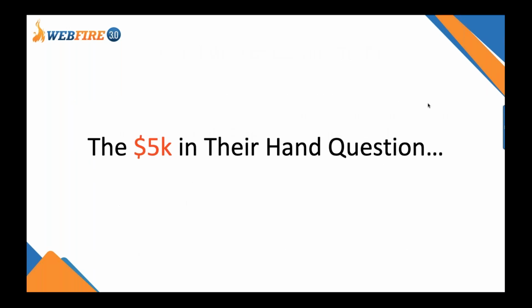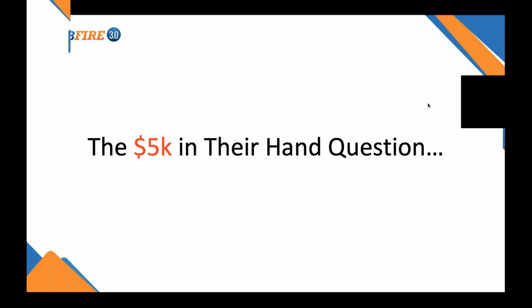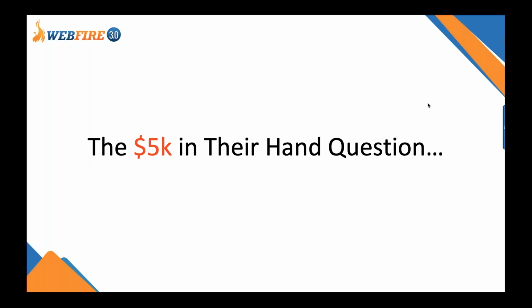So here's what I call the 5K in their hand question. Let me ask you guys a question. Let's say that you sold high-end massage chairs, or let's say you were just an affiliate of one. It's not hard to sign up to be an affiliate. If you're an affiliate on a $5,000 chair, you might make $1,000 or more per sale.